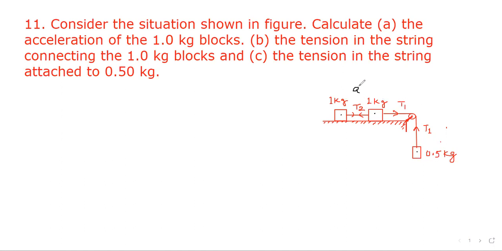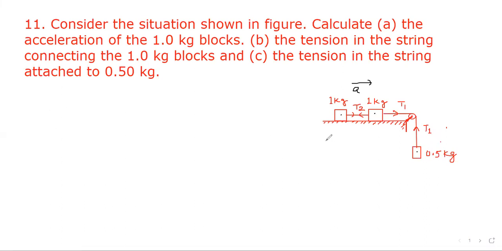So suppose acceleration is in this direction, it is A. We can consider the motion of each block separately. Let's consider the motion of the 0.5 kg block. Its weight is acting in the downward direction and the tension is in the upward direction.